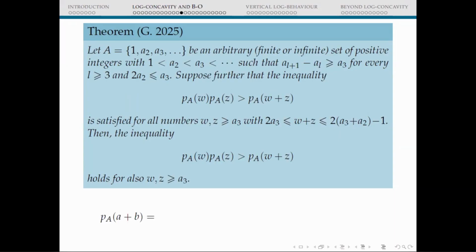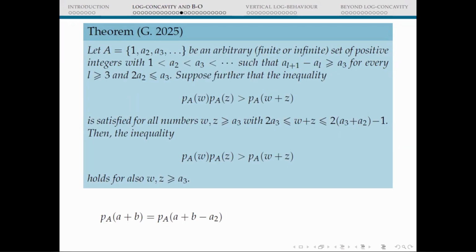And the reasoning is quite easy. Namely, we want to consider the number of A-partitions of A plus B. Either we have A2 as a part in this partition, in which case we can subtract it from A plus B, obtaining the number of partitions of A plus B minus A2.